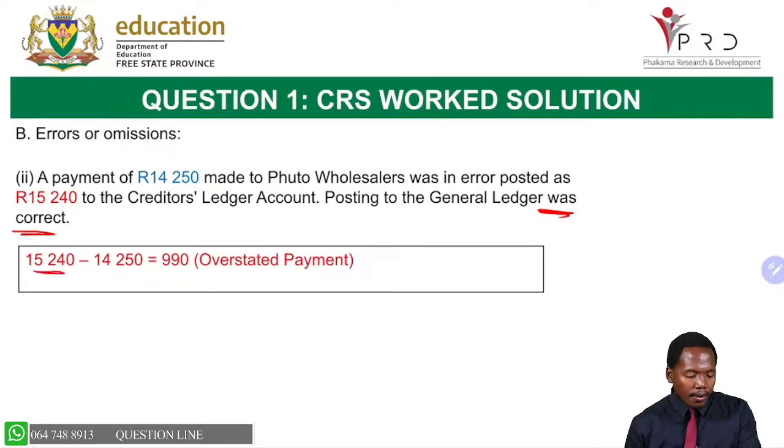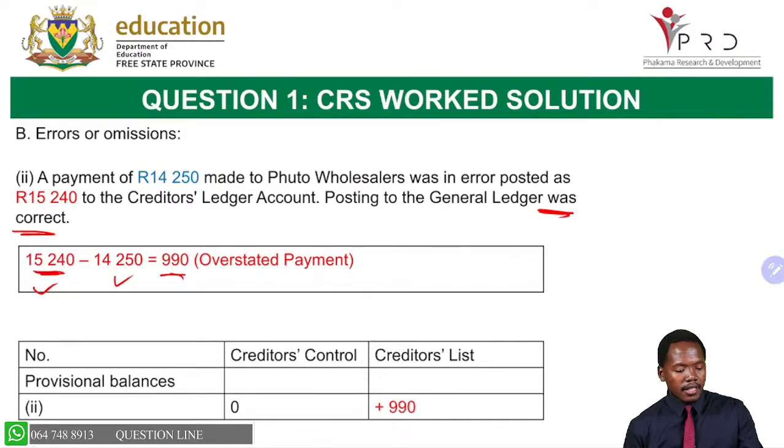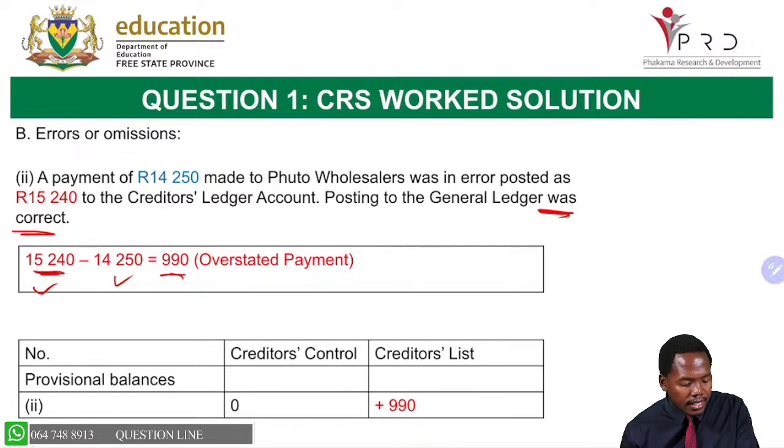What do we do now? The 15,240 is correct, but we have recorded 14,250. So this amount has been overstated. Now, how do we record this? So this was a payment, meaning this one was an understated recording. So this is just an understated recording, okay?